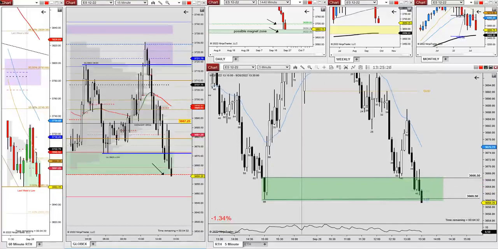We could test actually 57 since ATR is 6, but be careful right here, 58. We might even test 57, but I would take profit at 58 right here, because it could bounce to the upside.